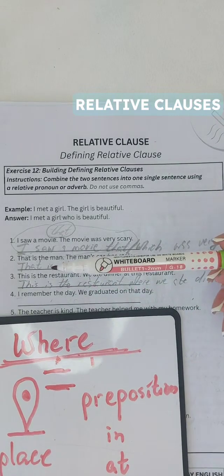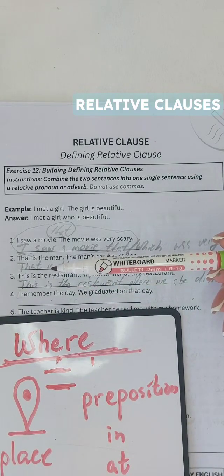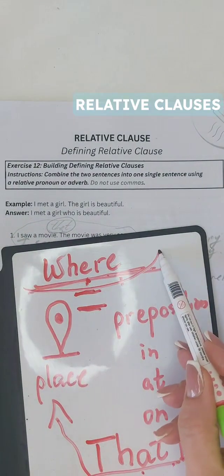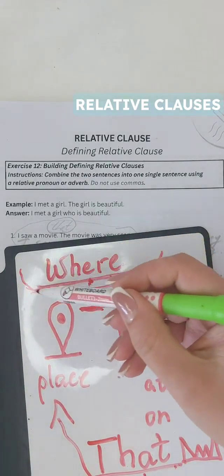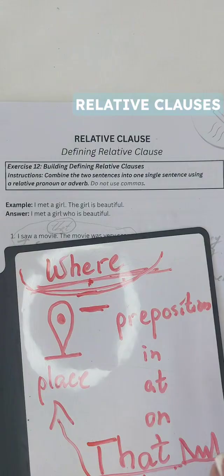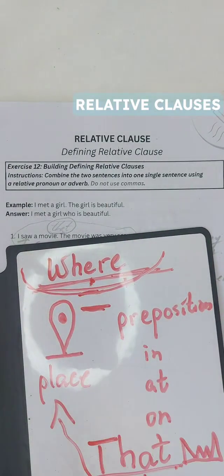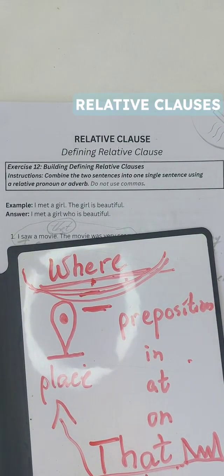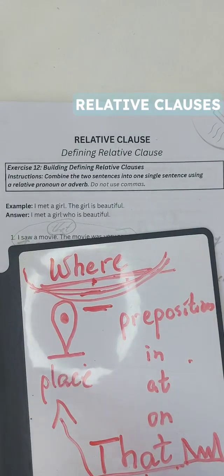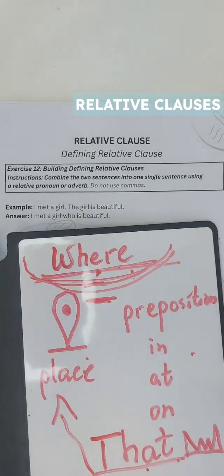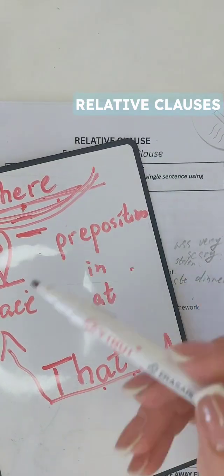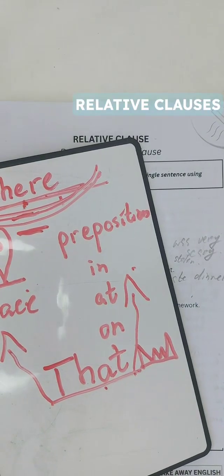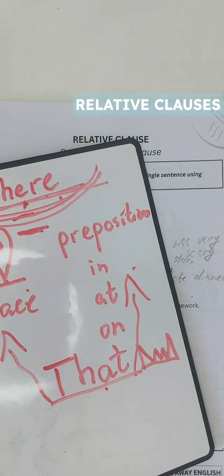So it's always easier to use where because you don't worry about the prepositions, about the place, because where replaces the place and the preposition. But if you want to use that, then you should follow the structure, okay? If you use that, then you should use these prepositions. Okay?